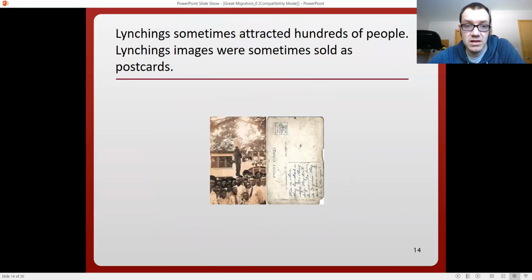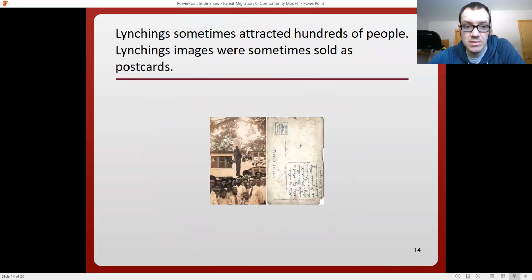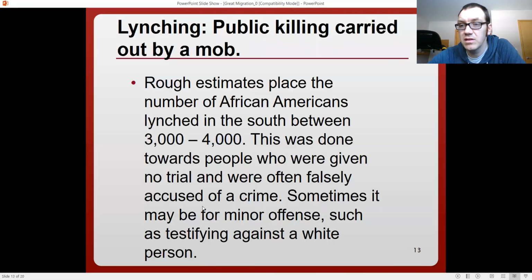And it's pretty sick to look at, but you can see here, they sometimes attracted hundreds of people, as we saw in this picture. But even sadder than that, sometimes they're sold as postcards. People would buy postcards that show African Americans being hung. And on these postcards, they'll write down, hey, we went to the beach or we had a picnic this weekend. How are you doing? It's just sick and twisted, to say the least.